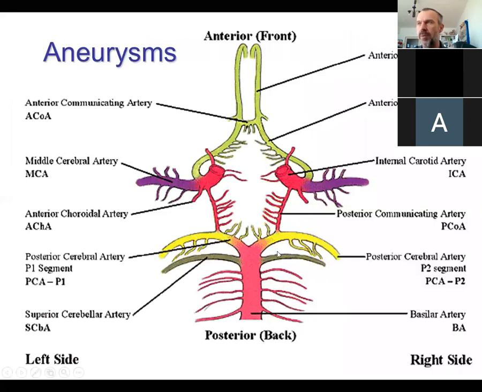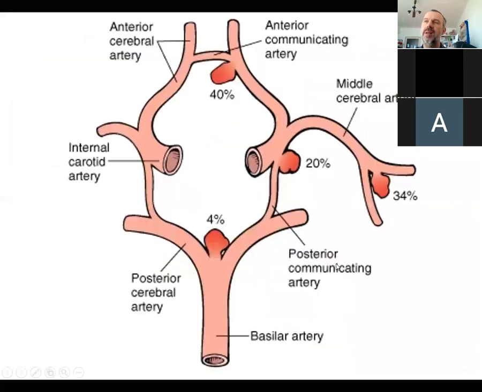So what about the aneurysms? Now, aneurysms can appear at any of the branches of the Willis circle, but most commonly they are on the anterior communicating artery. And what is again clinically interesting is that in this area we have the optic chiasm.